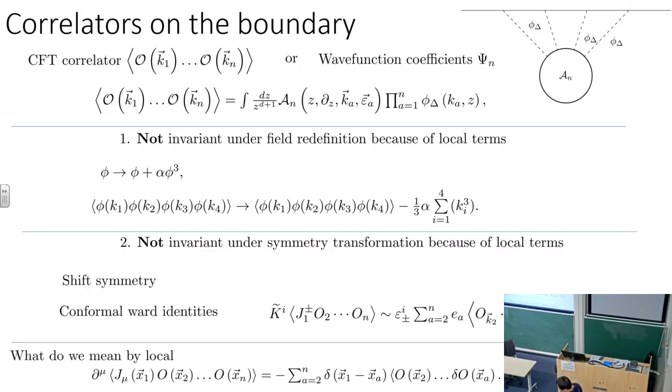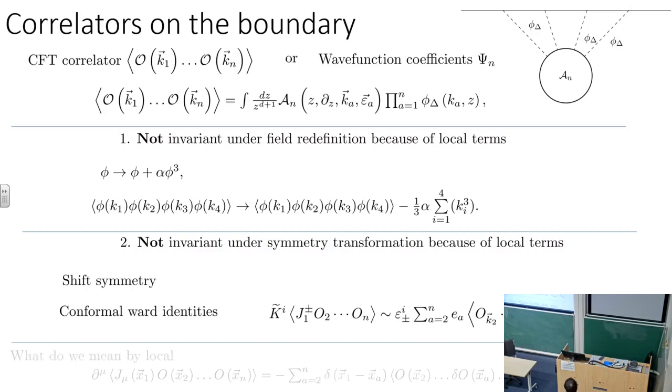However, the reason we didn't work with the CFT correlator is that this correlator is not invariant under field redefinition because of these local terms here, and it is also not invariant under symmetry transformations such as shift symmetry or conformal Ward identities, such as here.